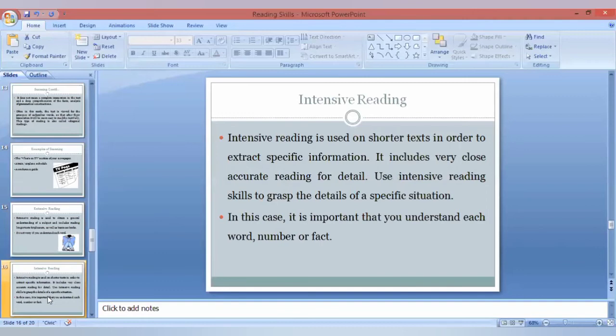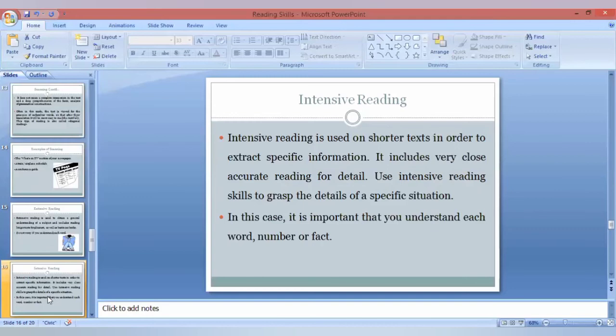Now we're coming towards the fourth type, which is intensive reading. Intensive reading is used on shorter texts. Before we proceed to what intensive reading is, let me tell you something about this term intensive.